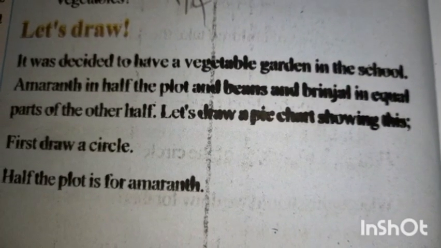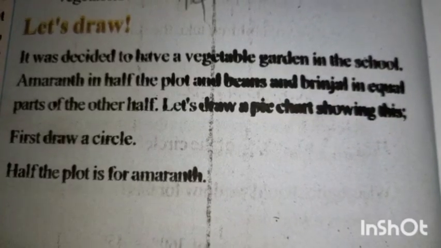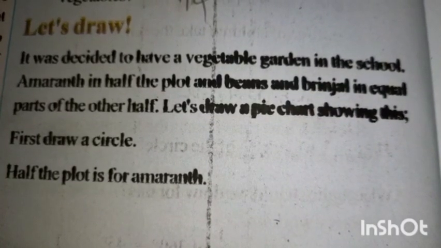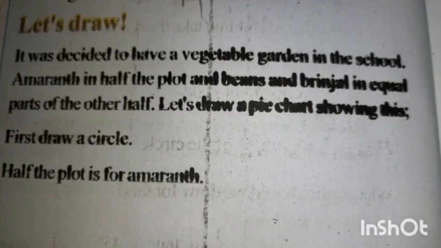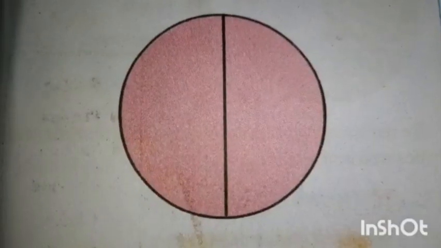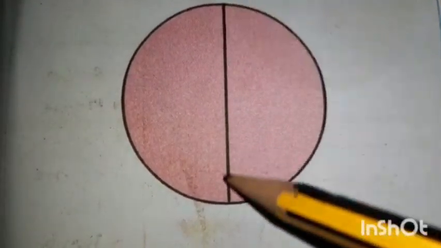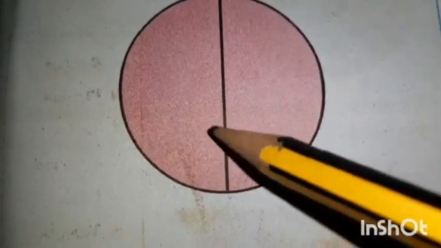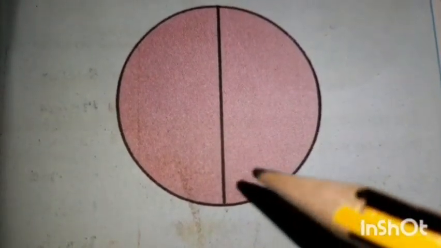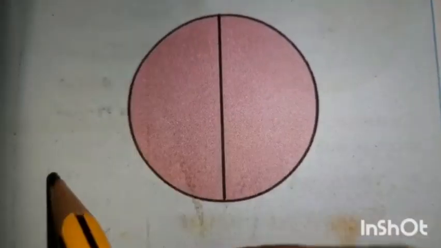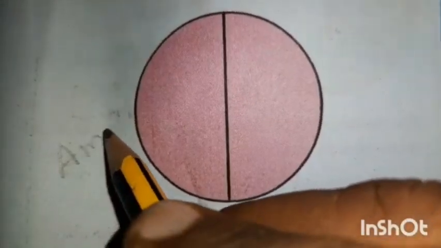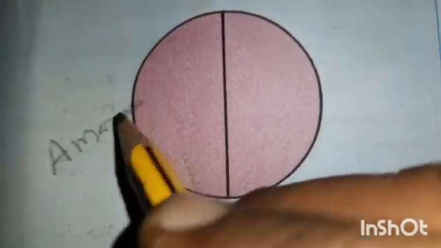First we have to draw a circle, and half is given for amaranth. So draw the circle first, then divide it into half. Okay, half circles you can see. Out of this, the half portion is given for amaranth.